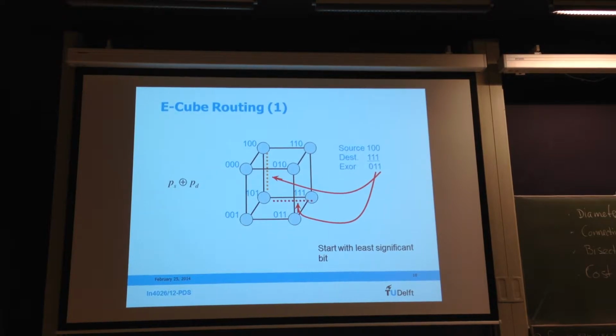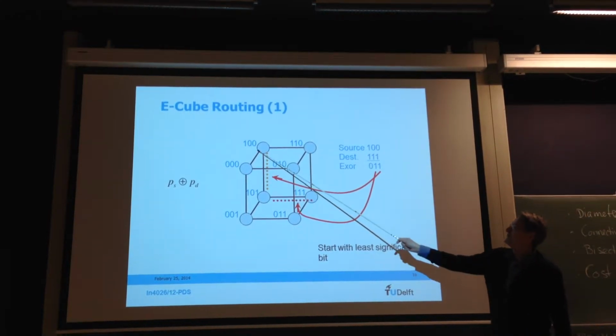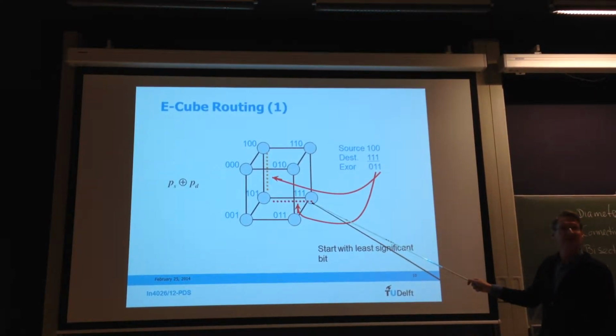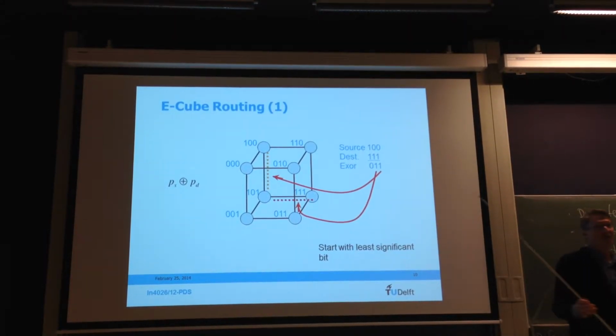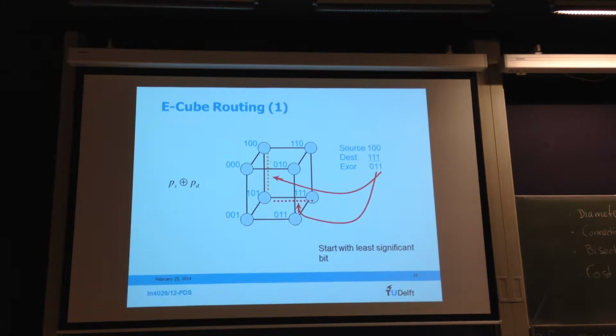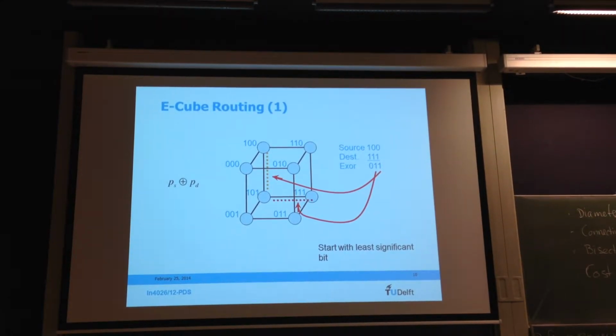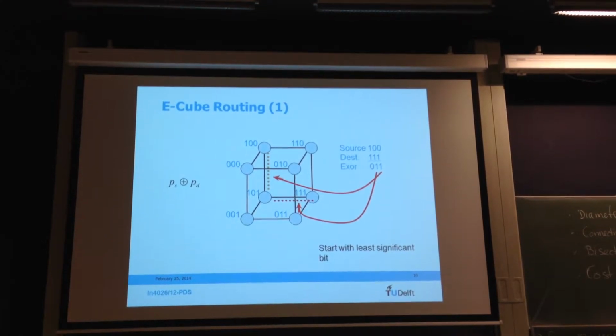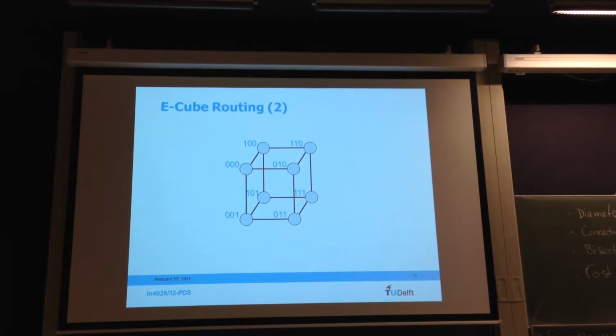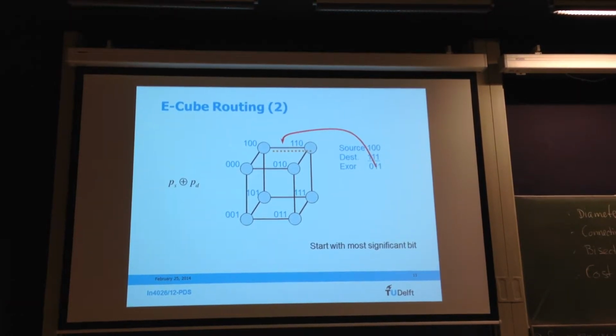And what you see in the picture here is that if I would have taken this route, it's the same path, the same distance, right? It's also minimal and also deterministic. And that is exactly what's happening if you go the other way around, starting with the most significant bit.